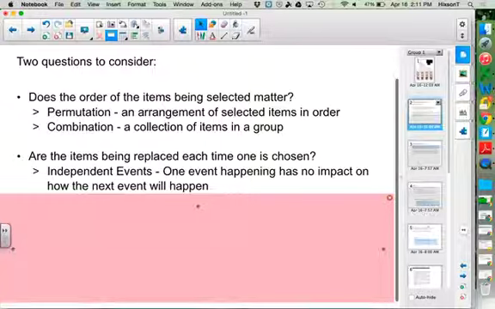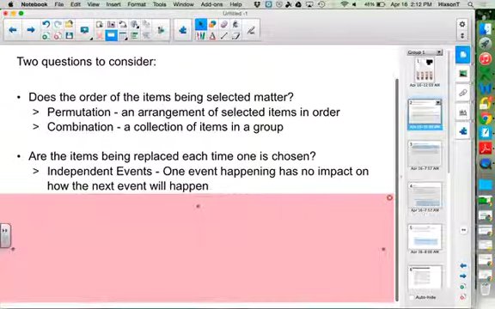Okay? So, if I pick a card out and I don't get the Ace of Hearts, if I keep that card out, then that impacts the next one, right? So that would not be independent events. But if I put that card back in, then it doesn't matter what I picked the first time.